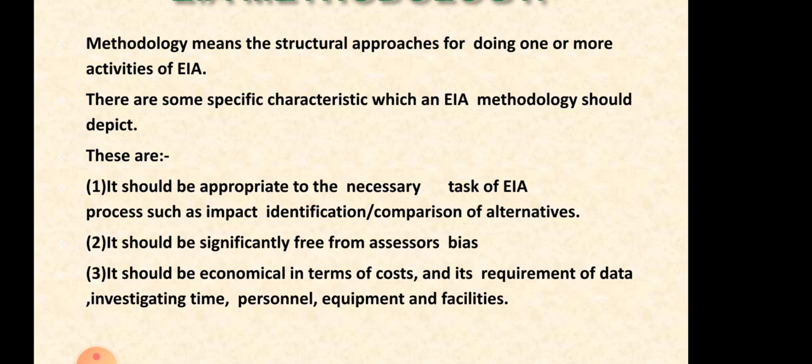Then it should be significantly free from assessor's bias. So whoever is assessing this project impact, they should not be a biased one. The assessment should not be biased, and it should be economical in terms of the cost and its requirement of data, investigating time, personnel, equipment, and facilities. It should be economical in terms of all these.